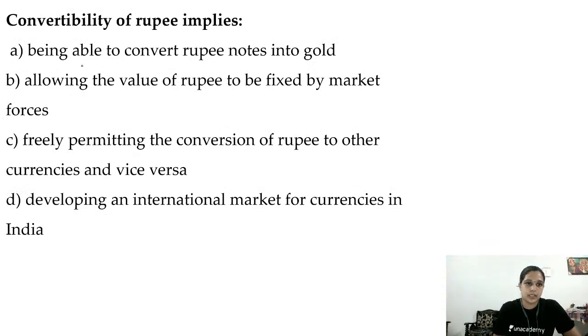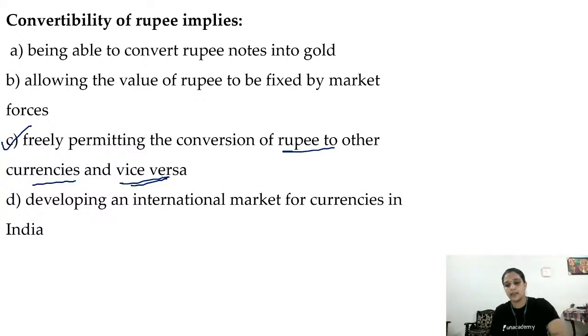Convertibility of rupee implies being able to convert rupee notes into gold, allowing the value of rupee to be fixed by market forces, freely permitting the conversion of rupee to other currencies and vice versa, or developing international markets for currencies. Simply, convertibility of rupee means permitting the conversion of rupee to other currencies and vice versa. That's a very simple question. Convertibility of a currency means how much is its value in other currency, like the dollar value of the rupee.